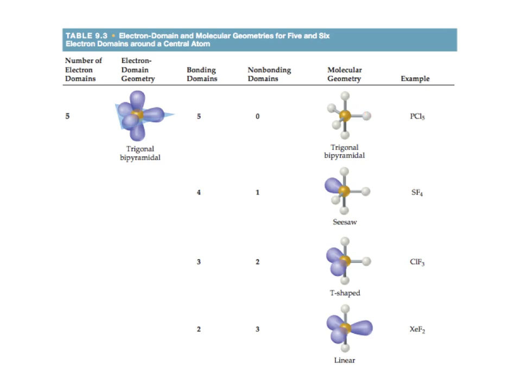So this is corresponding to these 3 bonds that you see over here. Okay, and basically an axial bonding set, which corresponds to these 2 bonds here within the molecule. Okay, so in this case, PCl5, we have 5 bonding domains, no non-bonding domains. So the molecular shape is going to match the electron domain geometry, which is the trigonal bipyramidal.